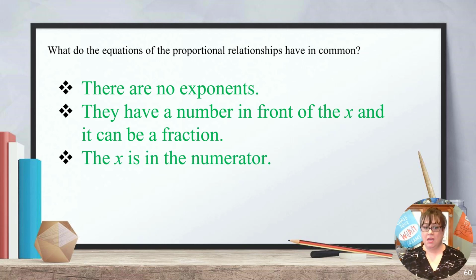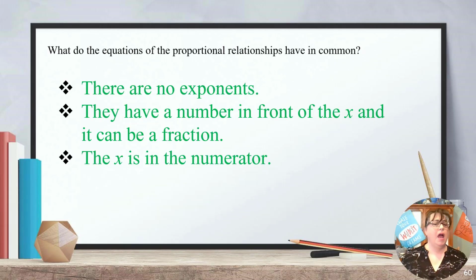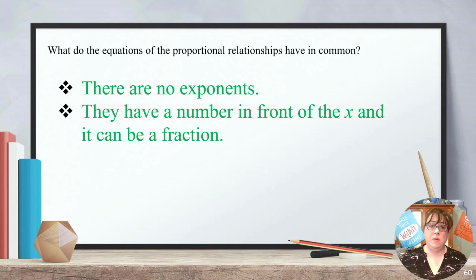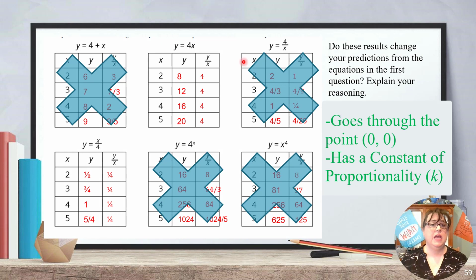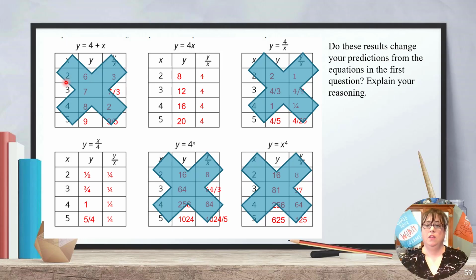There's an x in the numerator, not the denominator. Another thing that's not here that maybe we could go back and look at real fast, that there's only one term. This one had 2 terms. So there's lots of things that we could talk about. Maybe not all of them were listed.